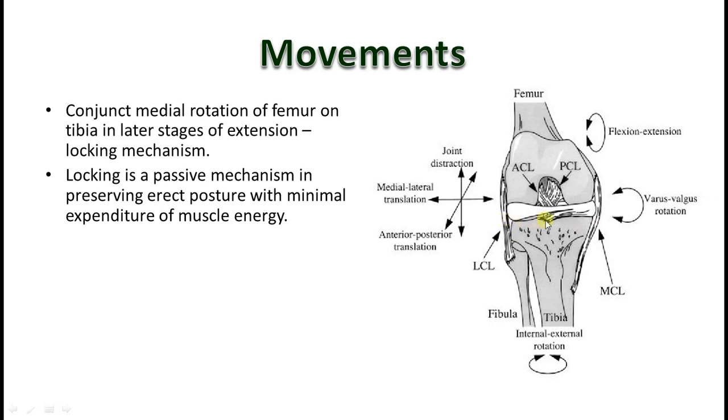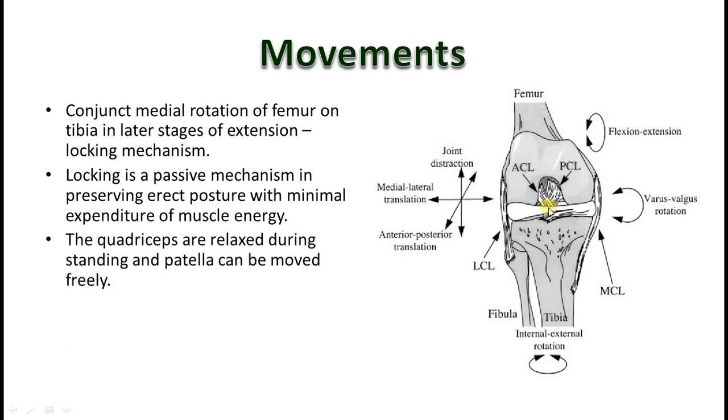When the extension is complete, the tibial collateral ligament, the fibular collateral ligament, the anterior cruciate ligament and the oblique popliteal ligament are all taut, except the ligamentum patellae. The ligamentum patellae is relaxed because the quadriceps are relaxed during standing, and the patella can be moved freely. There is no contact of the patella with the femur.